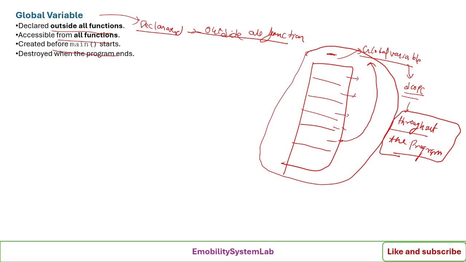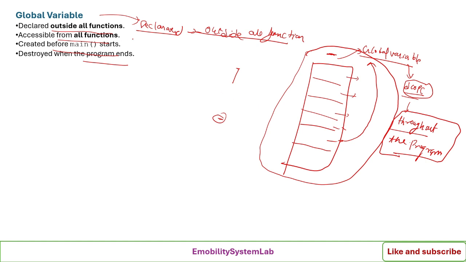This is an important point. And the global variable is destroyed when the program ends. So we understood the scope of the global variable: it is throughout the program. When the program starts running, global variables will be created, and when the program ends, the global variables will be destroyed.